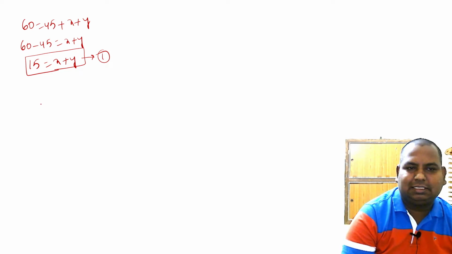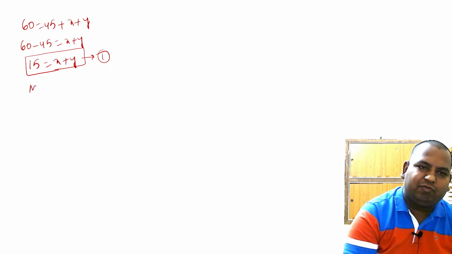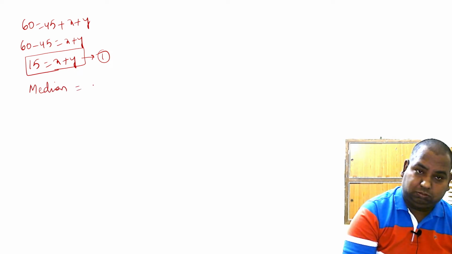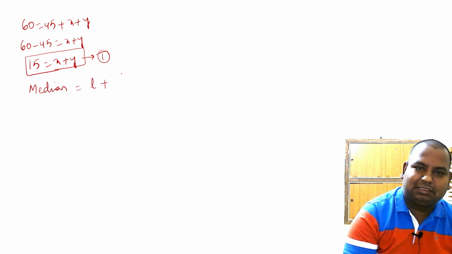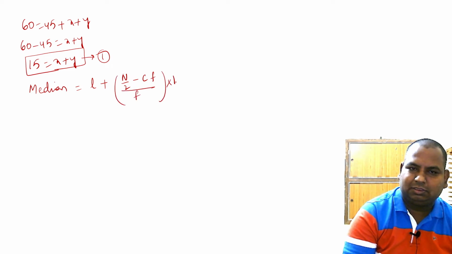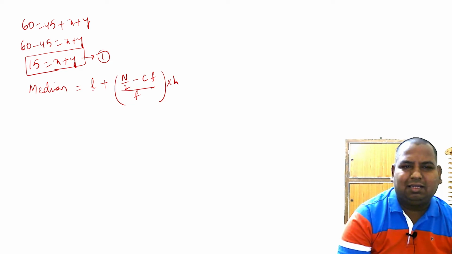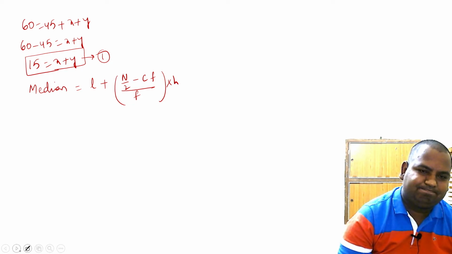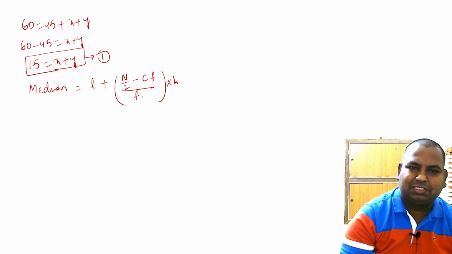Now let us use the median formula. We have median is equal to lower limit of the median class plus n by 2 minus CF by f, into h. Let us write the values which we got on the previous page.